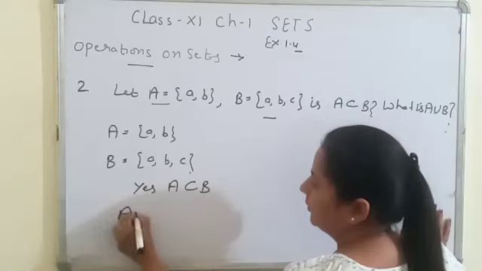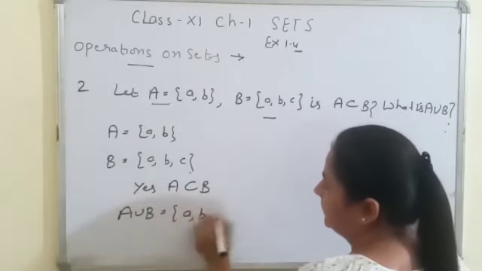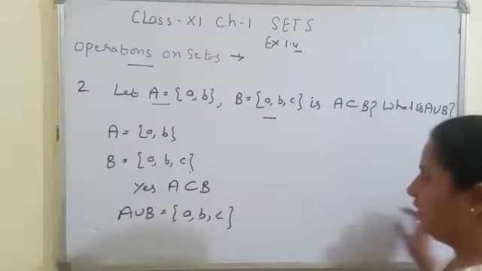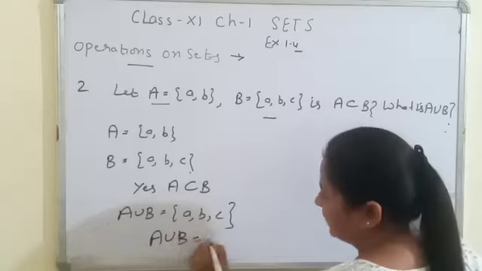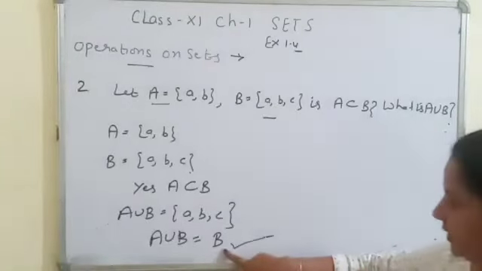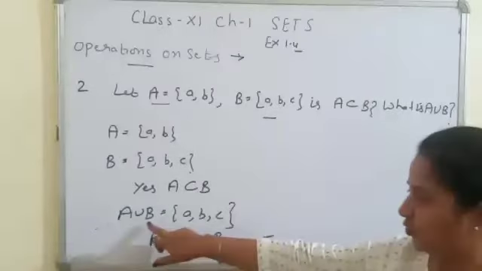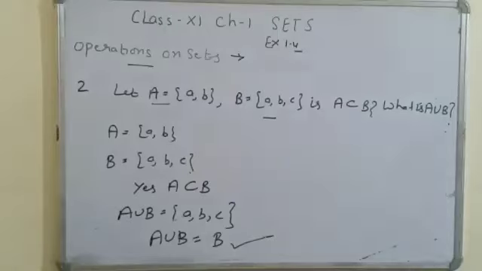Let's find A union B. It is A, B, C. So A union B is set B itself. You can see all the elements of A union B are equal to set B. This was the second question.